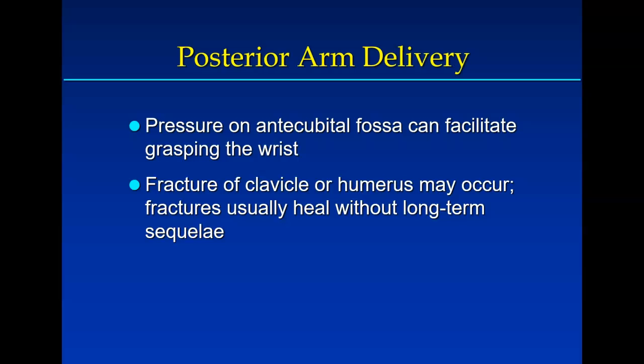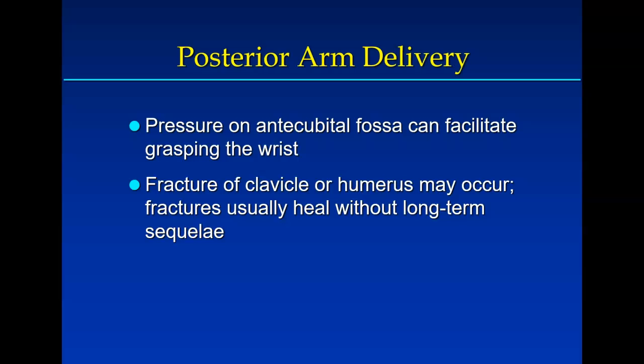Posterior arm delivery, this again is something that requires at least some knowledge of how you're going to do it. Essentially, one inserts your hand and makes sure that it's in a cupped position so that it will fit into the posterior perineal area. You then try to grasp the wrist of the posterior arm.